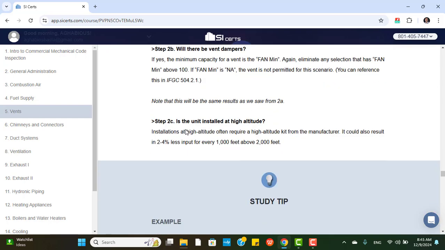Step 2C, is the unit installed at high altitude? Installation at high altitude often requires a high altitude kit from the manufacturer. It could also result in 2 to 4% less input for every 1,000 feet above 2,000 feet.